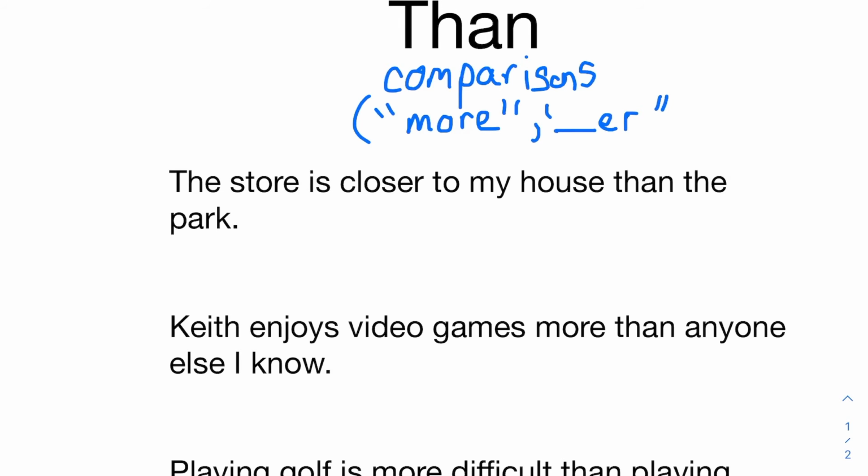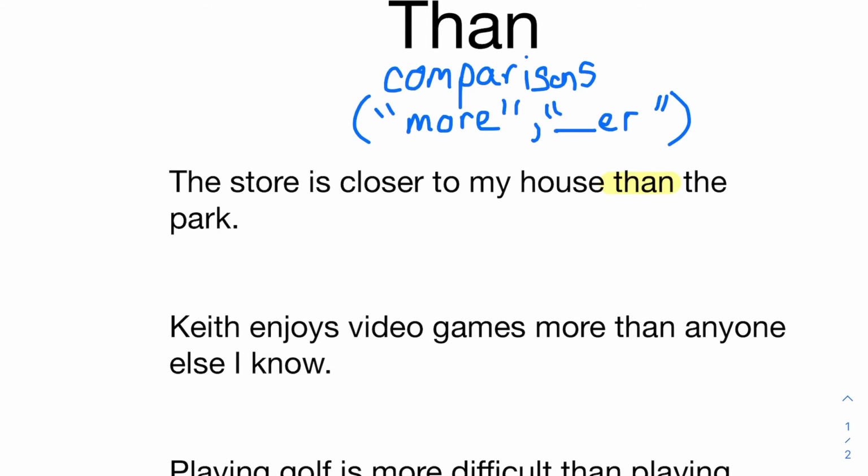Those are really helpful clues for recognizing that we're dealing with words where we're going to be comparing things to each other. The store is closer to my house than the park. So here we're comparing the store to the house, and we're trying to decide which one is closer. So we're comparing those distances.